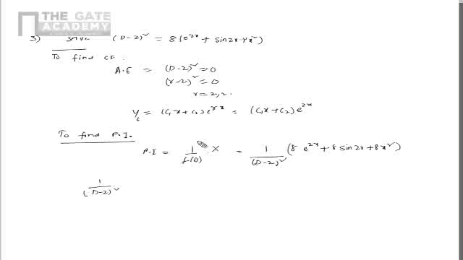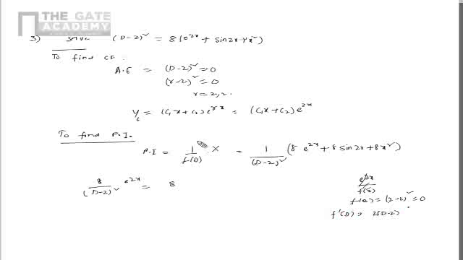Let's take e power 2x into 8. If I substitute 2, f of 2 will be 2 minus 2 whole square, which is 0. So I need to use f dash of D, which is 2 times (D minus 2).